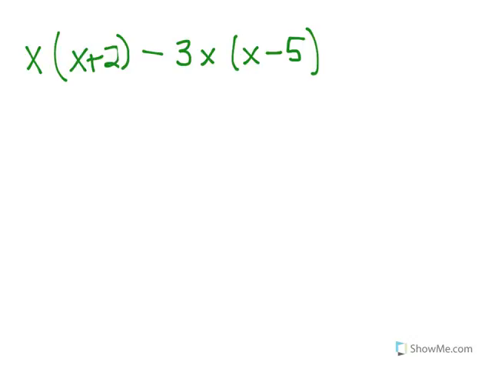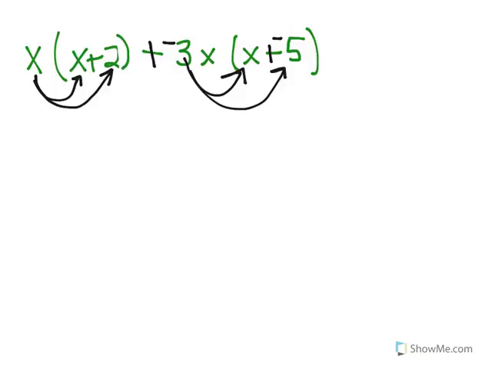So we're going to distribute the x times the x and the x times the positive 2, and then we're also going to distribute the monomial. Let's change this to add the opposite. Let's distribute the negative 3x times x and a negative 3x times a negative 5.